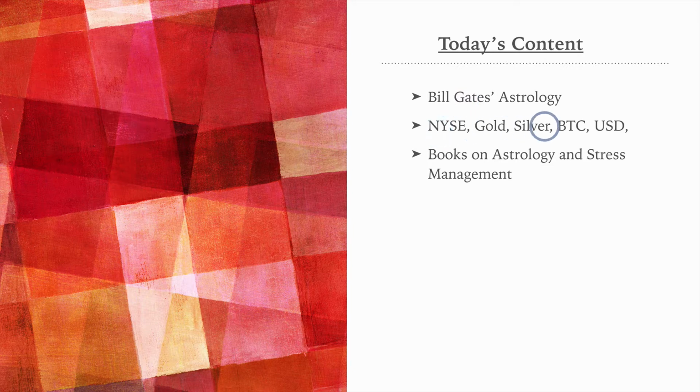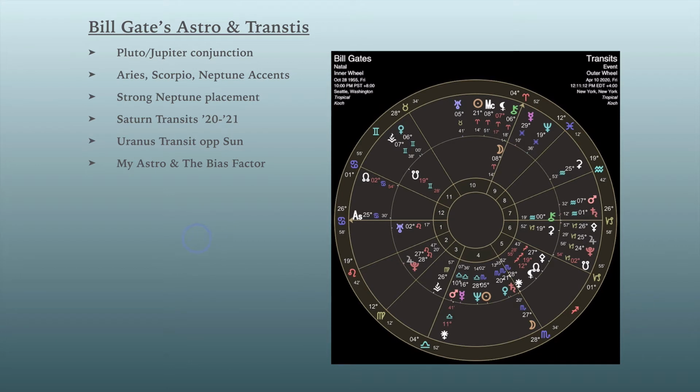We'll look at the markets we usually look at: the Dow Jones, gold, silver, Bitcoin, the dollar, and then I have some recommendations. This has come up because of some comments people have made, but I have some books on astrology that I think are good, and books on stress management that personally I have found to be of great value.